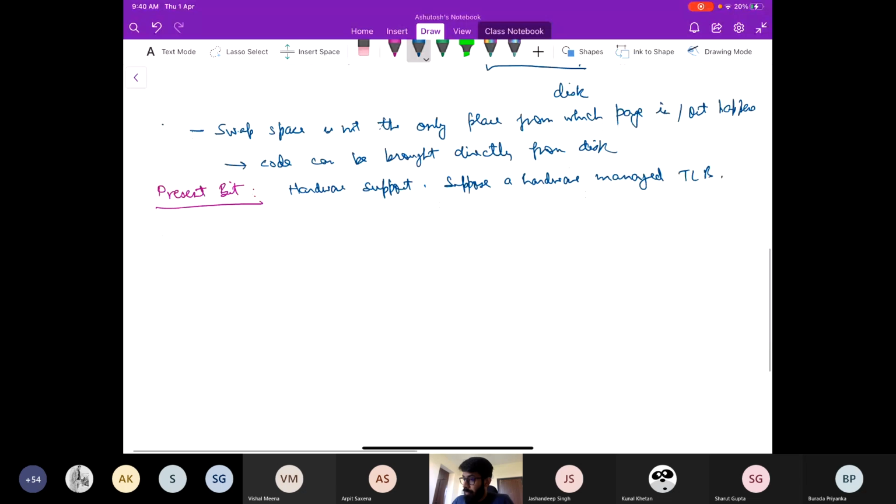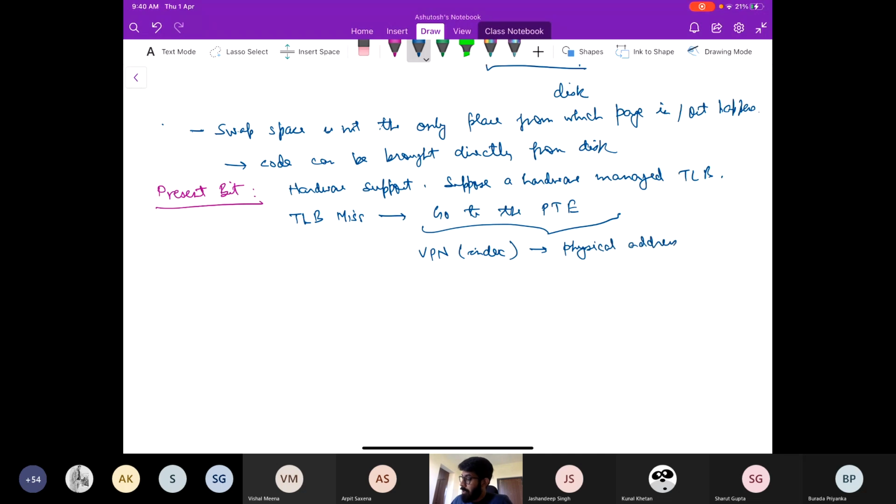And on a TLB miss, the hardware goes to the page table entry, right? And then looks at the VPN index. Okay. And then goes to the physical address. So then you can see that the physical address translation might not be present.